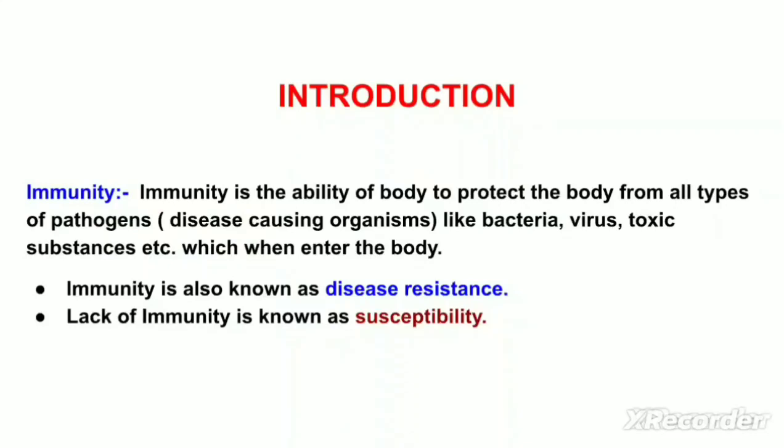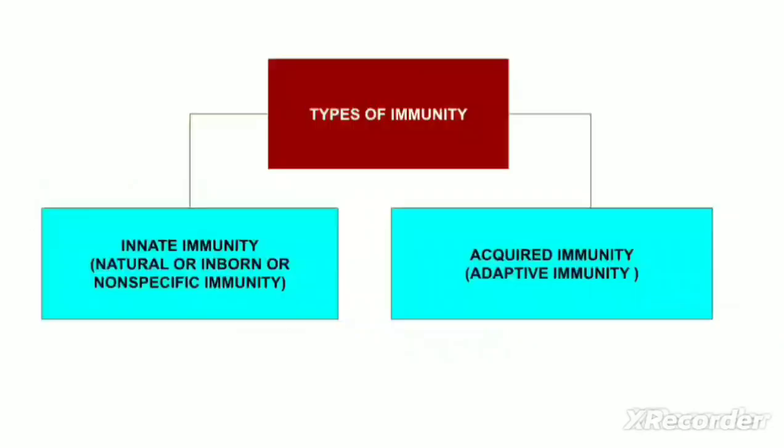Immunity is the ability of the body to protect itself from all types of pathogens, means disease causing organisms like bacteria, virus, toxic substances, etc., which enter the body. Immunity is also known as disease resistance. Lack of immunity is called susceptibility.